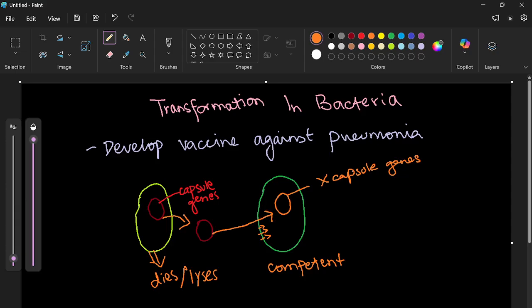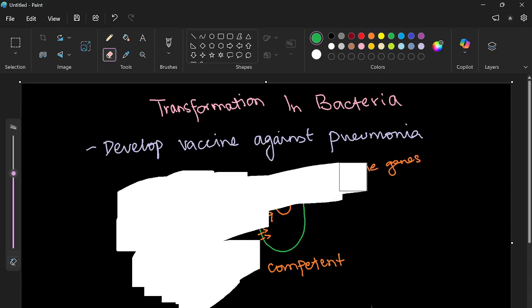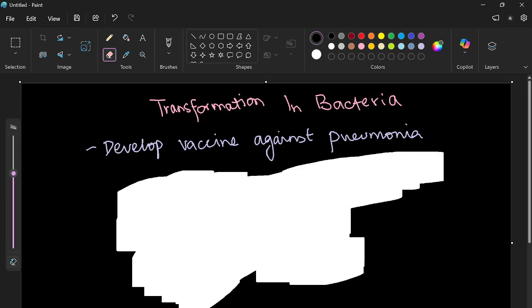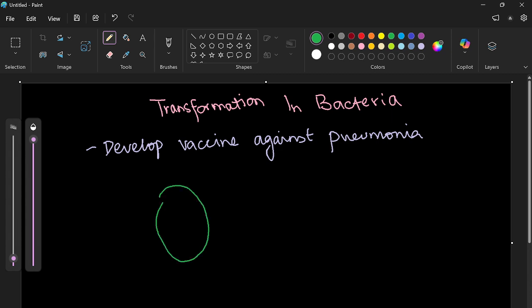And basically, what will this DNA do? Now, let me just draw this cell again. Okay, so let me first erase. So just suppose this is the competent cell I was talking about. And now what has happened? Just suppose that this is its own DNA, and the red one is the dead cell's naked DNA, which has been integrated with this DNA.